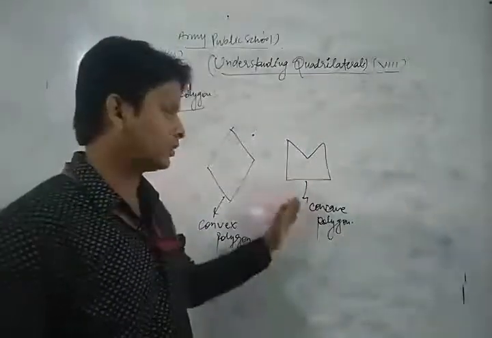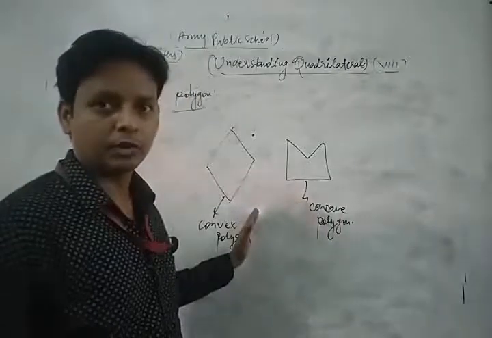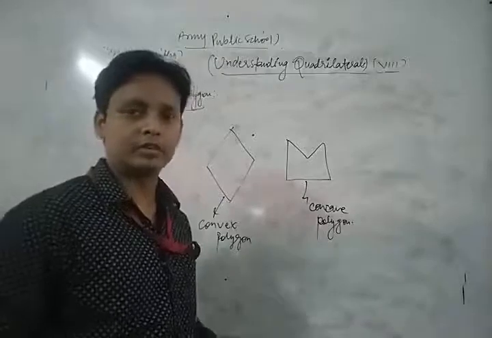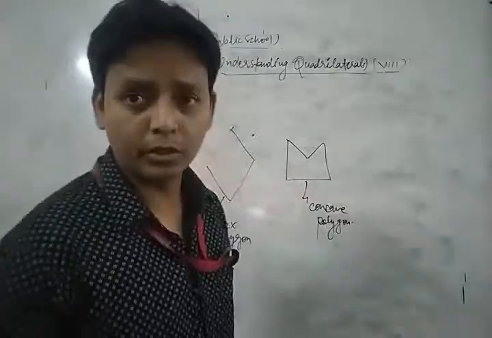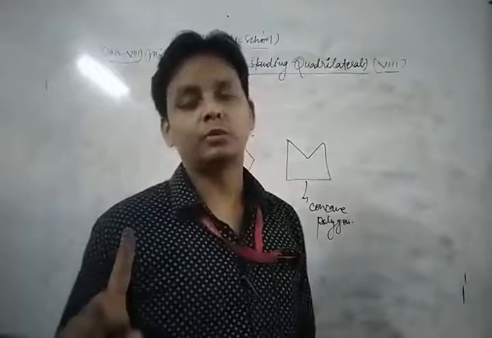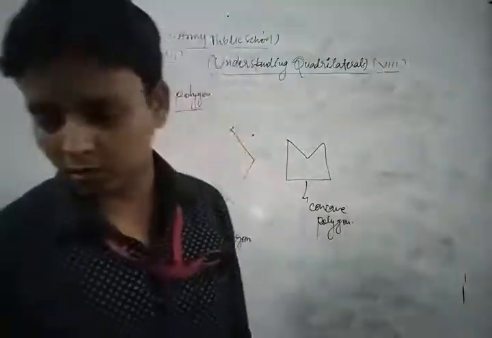So this is the concept of concave, and this is the concept of convex polygon. So there are two types of polygon, convex and concave. And a polygon is a closed region bounded by only line segments. Okay, this is the concept of this.